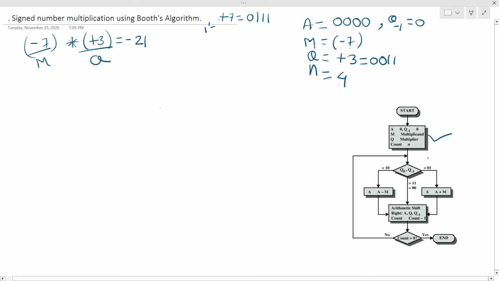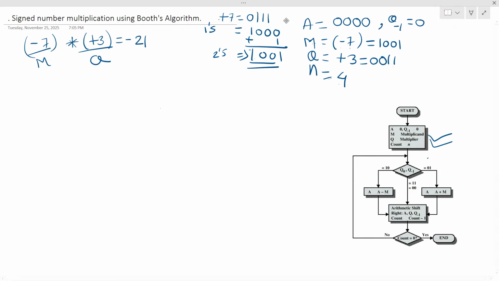First we represent it in 1's complement by inverting each bit, then add 1 to get the 2's complement, which is equivalent to -7. So -7 is 1001 and +7 is 0111. This is very important, so you have to remember this. Now your first step is done.